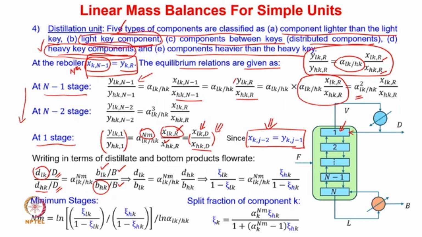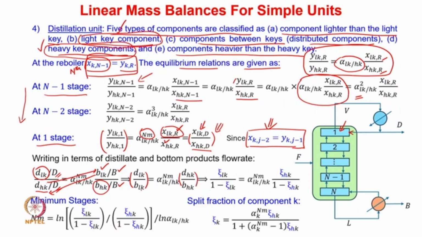We again can rearrange this. So this DHK is taken from here to here, and this BLK is moved to the denominator. So we have represented this equation as DLK by BLK is given as alpha_lk/hk raised to the power Nm into DHK by BHK. So you can see that this particular term is now with respect to the light component, and the second term is with respect to the heavy component.